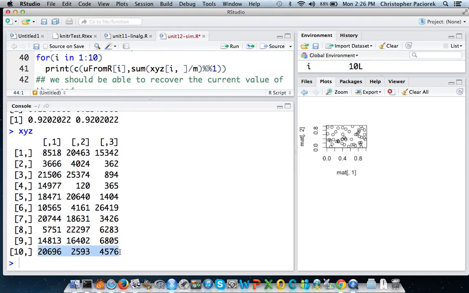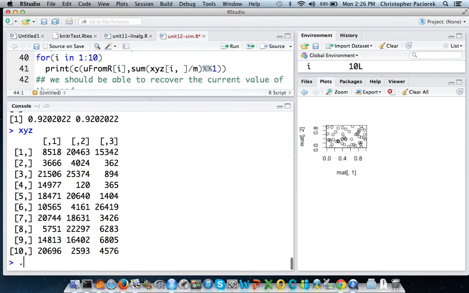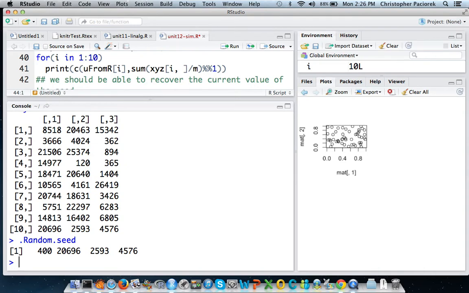And if I know these three values, I can basically pick up and continue along, because I can then use the x value to get the next x value, the y to get the next y, and the z to get the next z by multiplying by the a and dividing by the m and whatnot. And if we look at what .Random.seed is, which is this internal R object holding the information about the seed and actually about the generator, what we'll see is that the 400 specifies the type of random number generator.